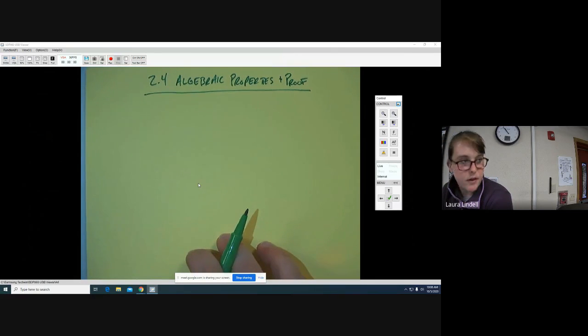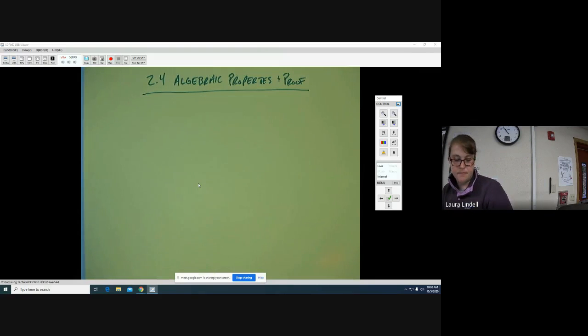All right. So we're going to kind of set up 3 columns here in our notes. We're going to have the name for the property in one column. We're going to have the definition and the generic equations that we use in the middle. And then we're going to have a specific example on the right.